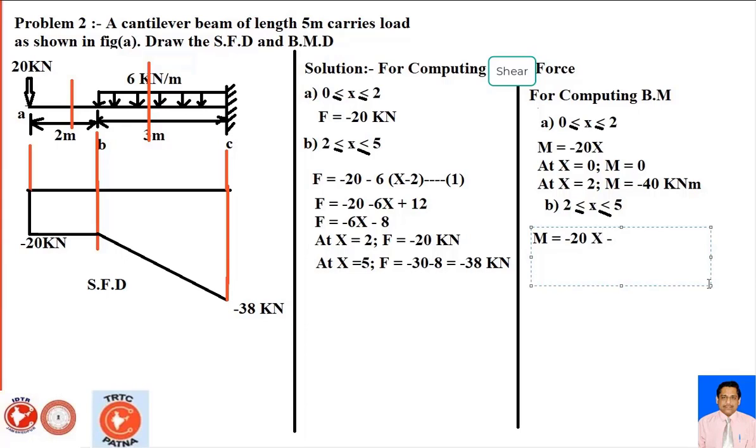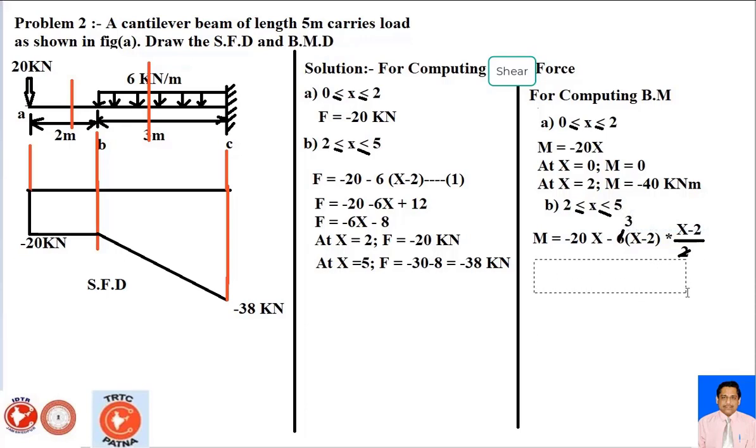Then after come to here the minus 6x minus 2, and then multiplied by x minus 2 divided by 2. The uniform distributed load is applied at the centroid of this portion. That means x minus 2 divided by 2. So you have to cancel out from this manner to this. So this is our 3.